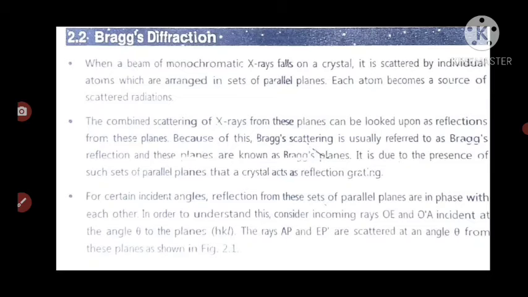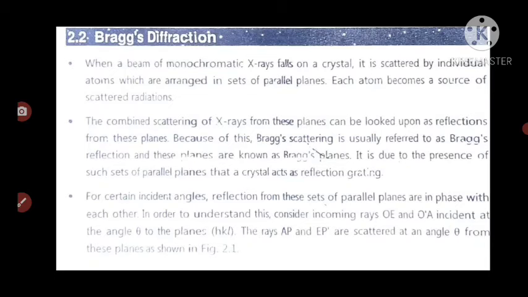Consider a beam of monochromatic X-rays falling on a crystal. Any type of beam incident on a material shows three main phenomena: first reflection, second refraction and transmission, and some of the ray goes deep inside the material.